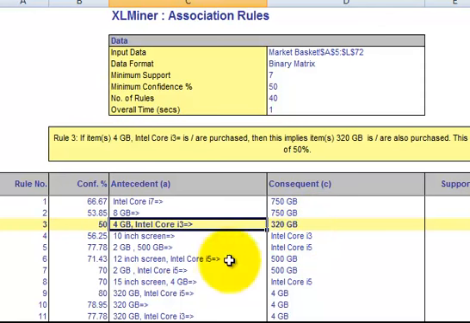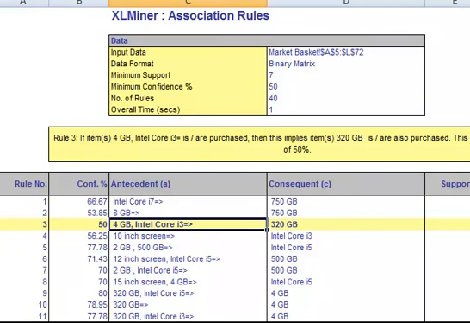Gives you the confidence level, and it also gives you over here to the right the degree of lift that's provided. And the lift is the conditional probability, the increased amount of the conditional probability versus the probability of it normally happening.